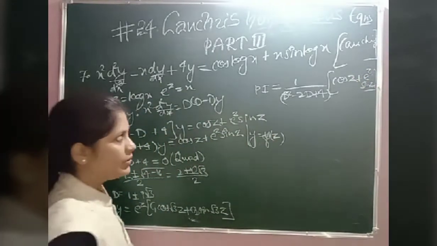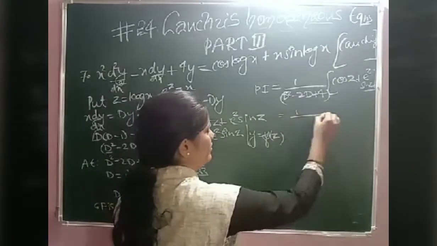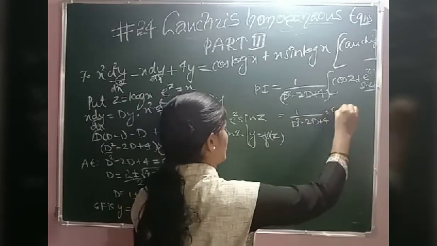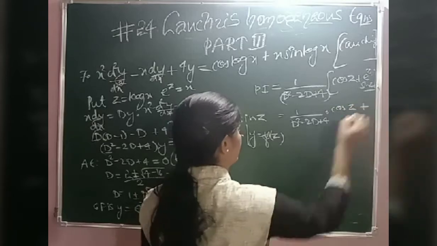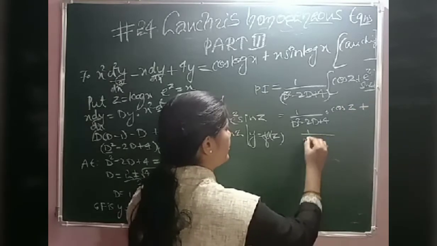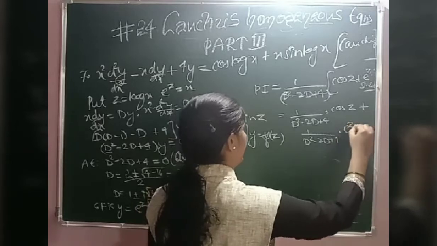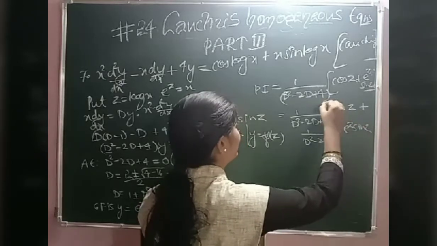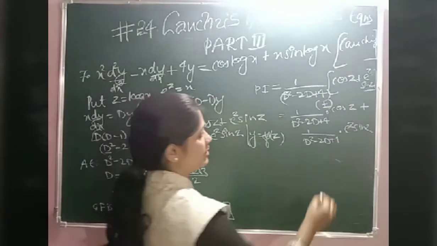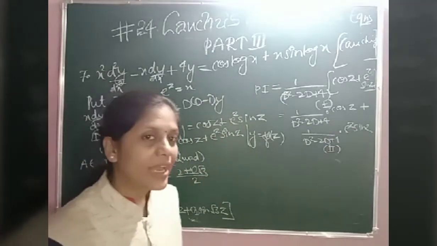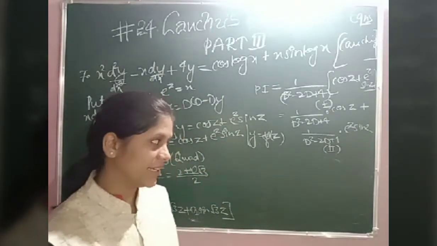So further this can be written as 1 by D square minus 2D plus 4 of cos z plus 1 by D square minus 2D plus 4 of e power z sin z. So let us take this as the first part and this as the second part. Now let us find PI for first and PI for second.